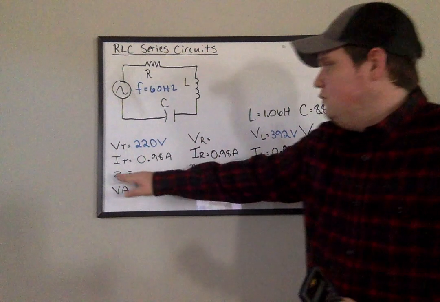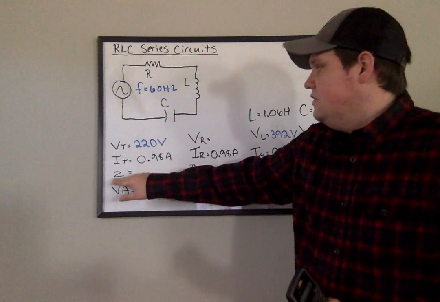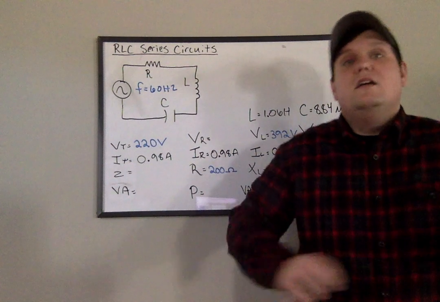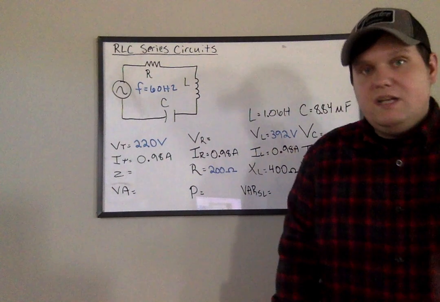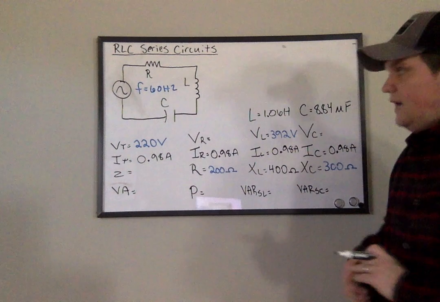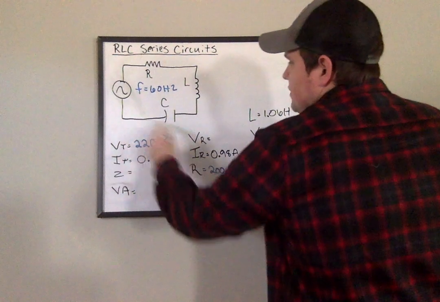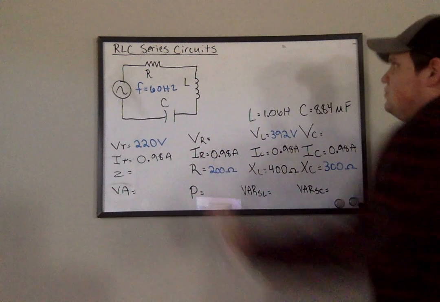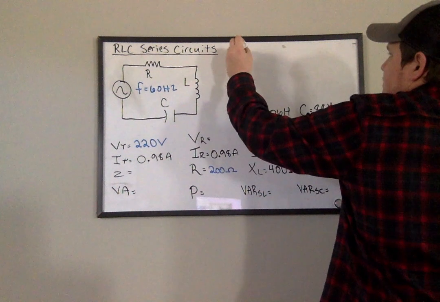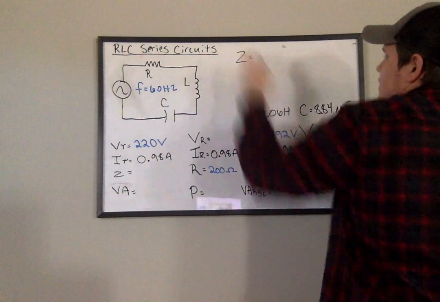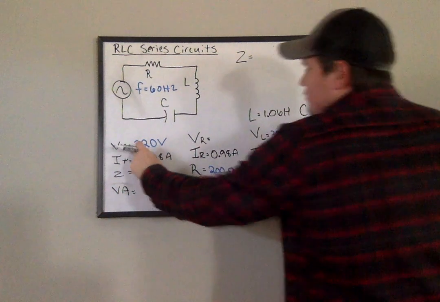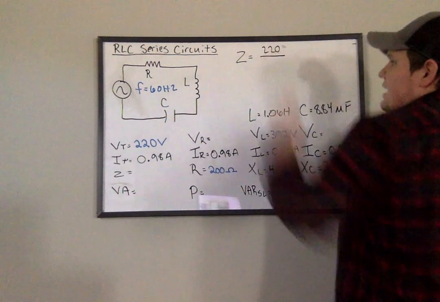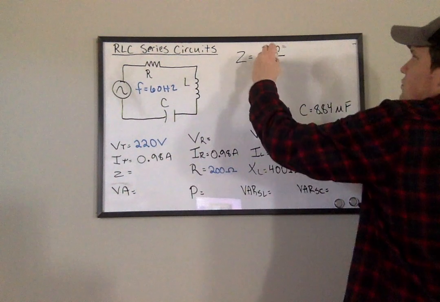Remember, everything in the Z column here, Z, R, XL, and XC, are all treated the same when it comes to Ohm's Law. So in order to get Z, which is ohms, Z is equal to voltage, which is 220, divided by current, which is 0.98.